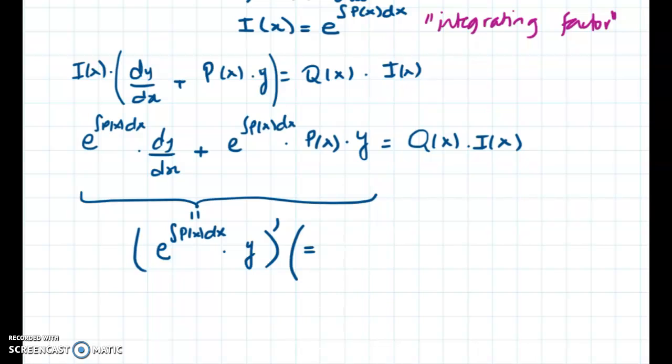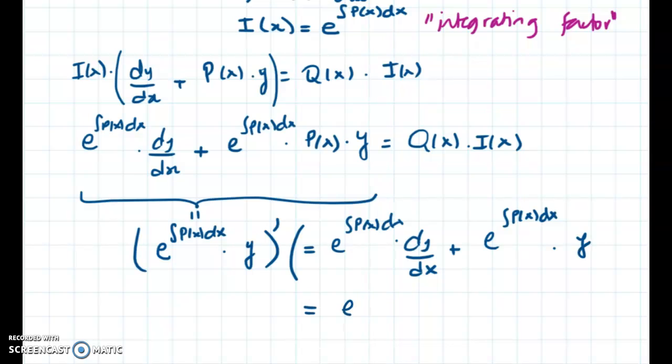So let me write first the derivative of y's part. So we're going to have the integrating factor times the derivative of y with respect to x plus the derivative of the integrating factor times y. And this is equal to, I'm going to leave the first term as it is because that's what we want actually, that's ready for us.